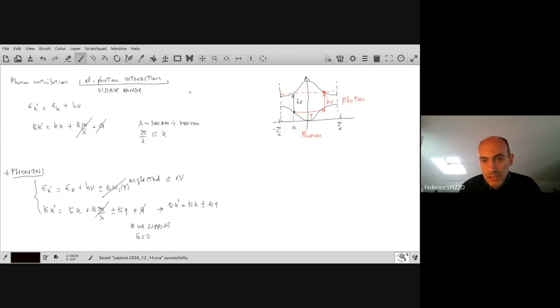Okay, so this was just a short comment to say that apart from the resistivity, the fact that in the solid we have two systems, the electron system and the phonon system, may also change the behavior of the optical response of the system in the visible light range.